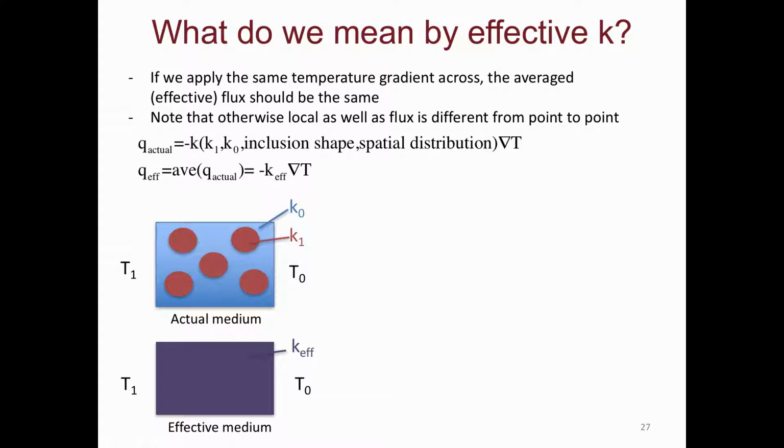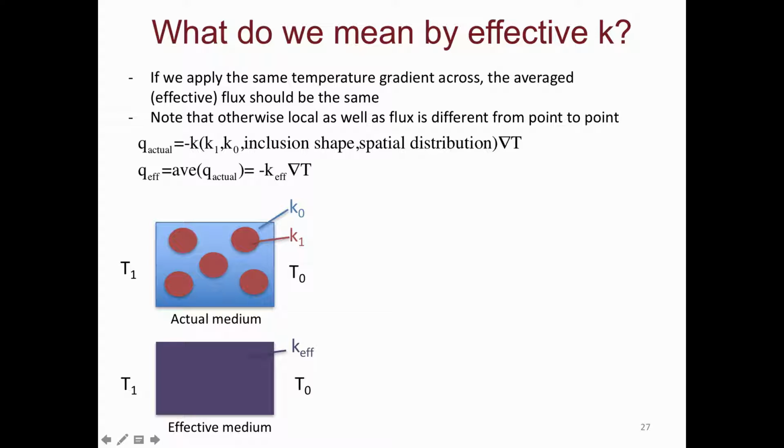Because when we are measuring, we are essentially comparing to whatever law we have in mind. So in thermal conductivity, we are comparing it to Fourier's law. So again, in actuality, this thermal conductivity is some complex function of the individual ones, the shapes of these inclusions, their spatial distribution and how they connect.